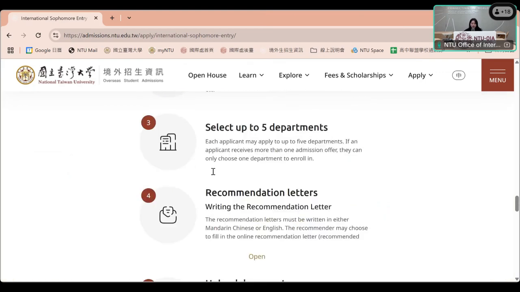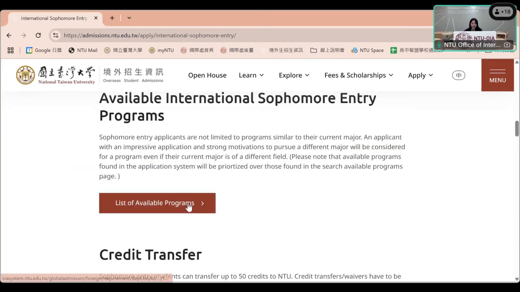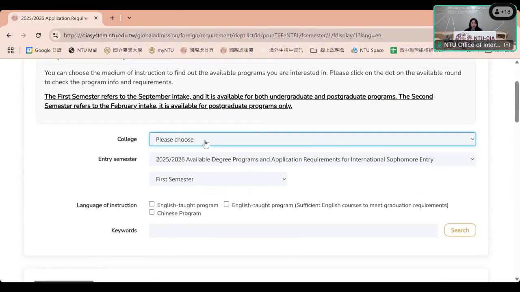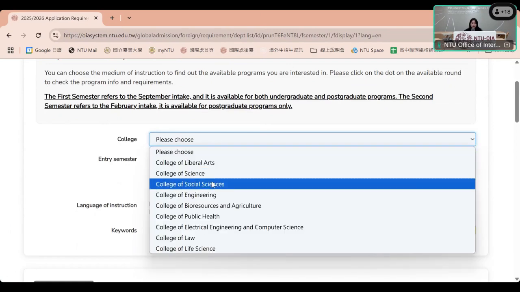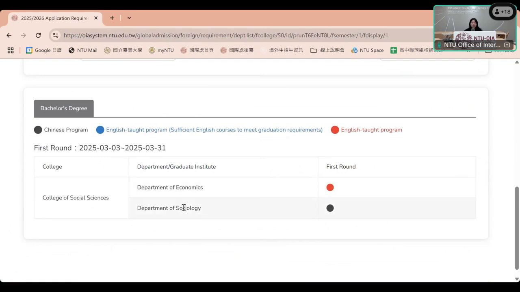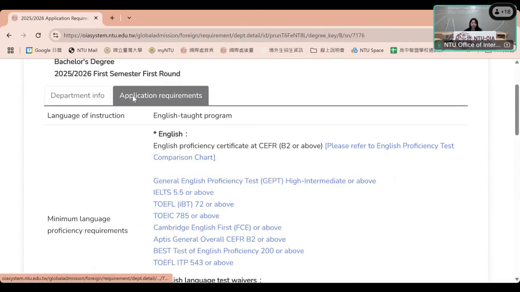So I would like to share the list of the available programs. You will get this website. Firstly, you can choose the college that you are interested in and click on it. These are the available programs in the college, and I can click this Department of Economics for reference. You can get the program info and the application requirements here.